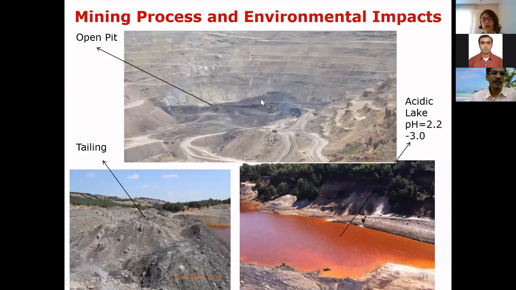This one is also ongoing mining. Our problem generally is mostly the small companies. Small companies come to the site, take the mine and put the waste here, then abandon the site. After that, as we said before, after the precipitation, we have acidic lakes here and the pH is very low.